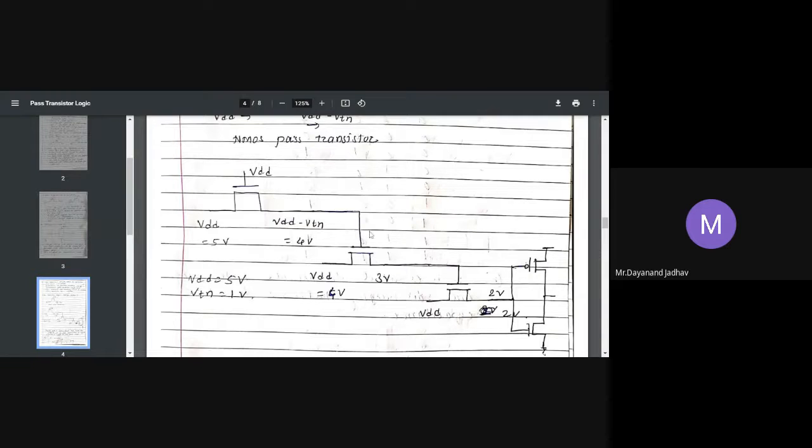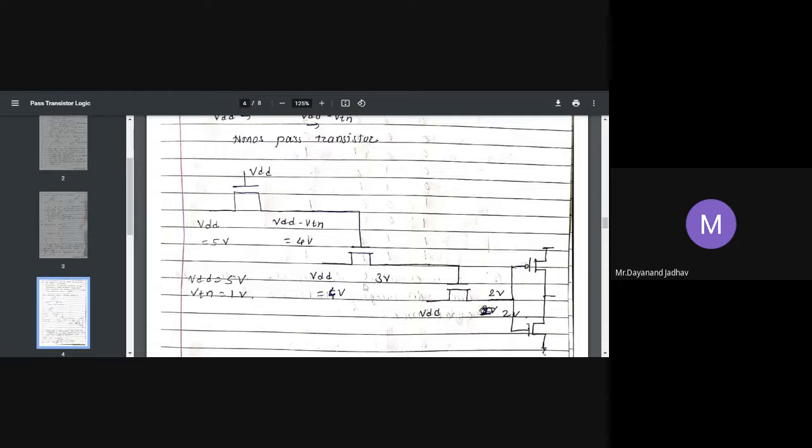Then again, if one more NMOS transistor is applied, this VDD minus VTN, that is 4 volt, is given to the other transistor. VTN is 1 volt, and this terminal voltage and this terminal voltage are the same, therefore VDD is equal to 4 volt.